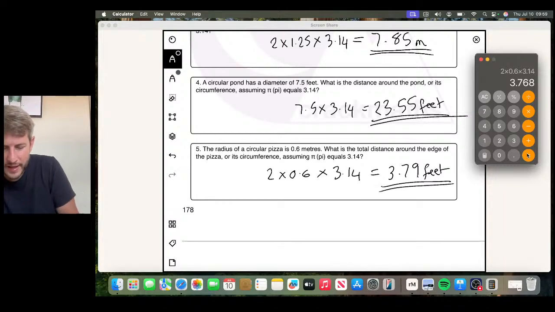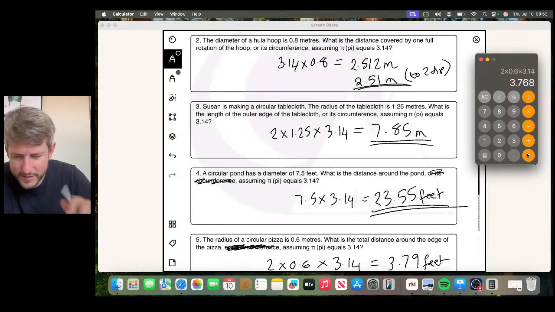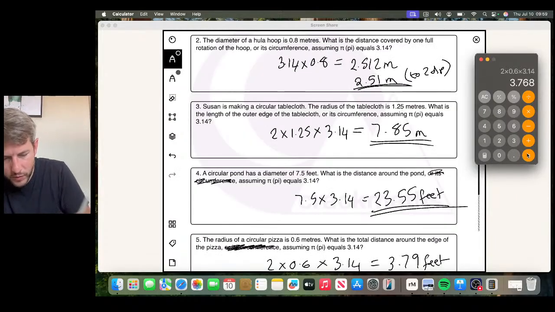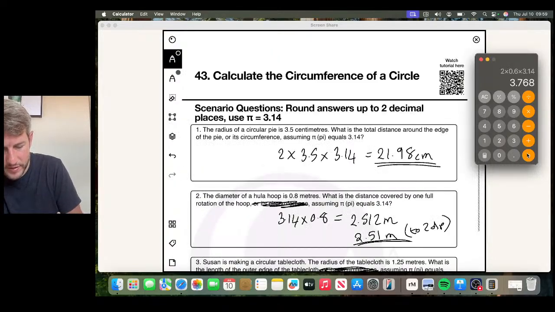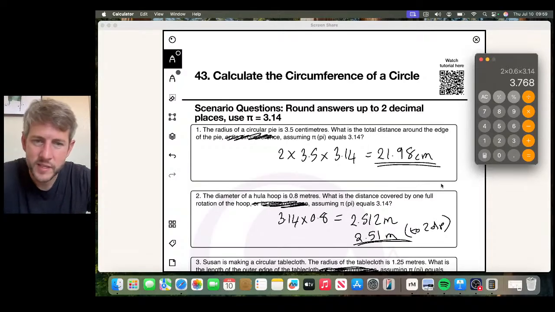Okay, and I've decided I'm going to get rid of these. Let's get these marked, and then I'm just going to quickly cross these off here. I'm going to leave in the assuming pi bit, because that often appears, but they wouldn't tell you that the outside of the circles were the circumference.